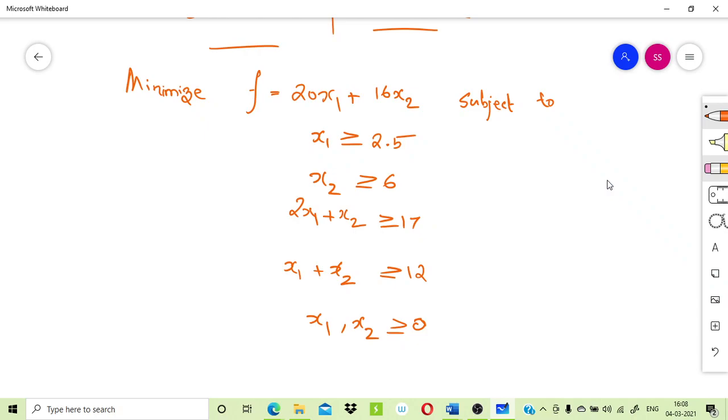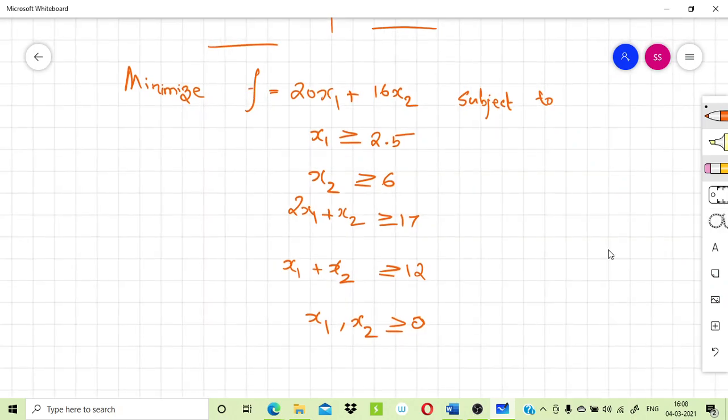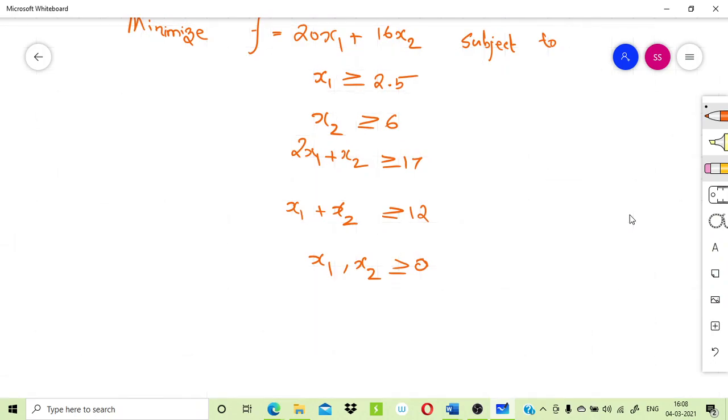In the standard form of the simplex method for minimizing the objective function f, you have to make these linear inequality constraints, not greater than or equal, but less than or equal, right?